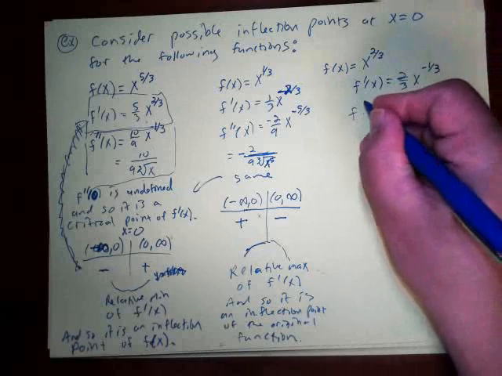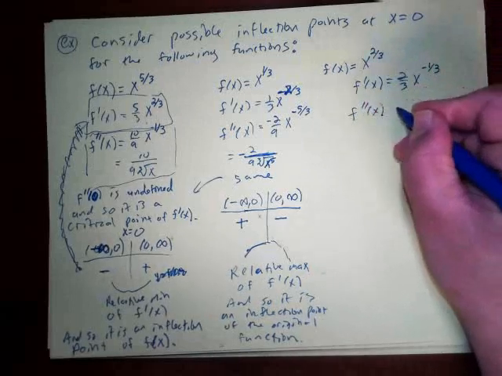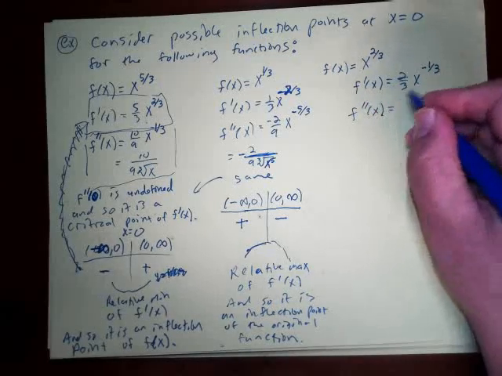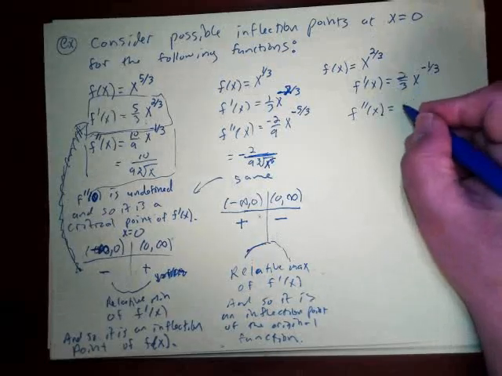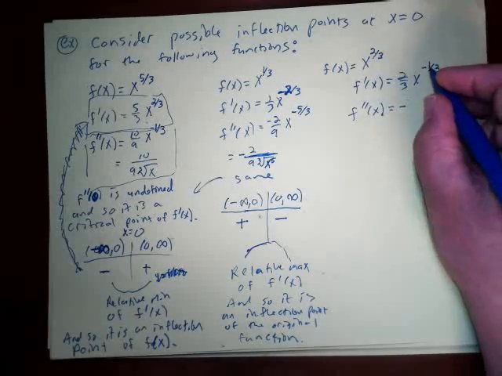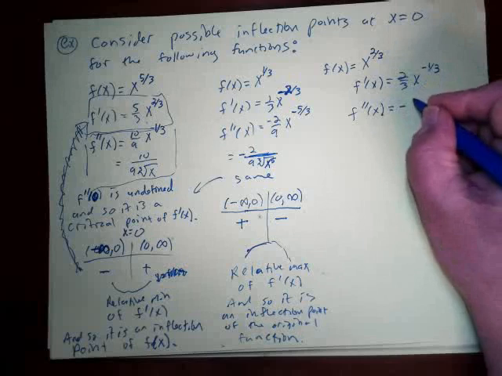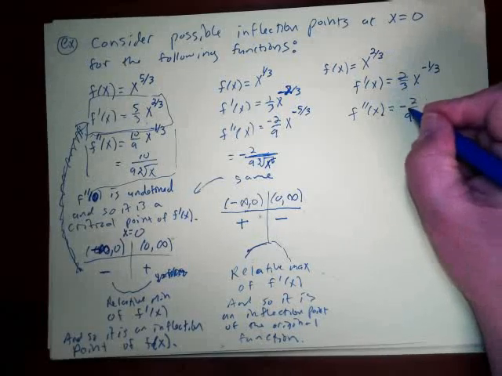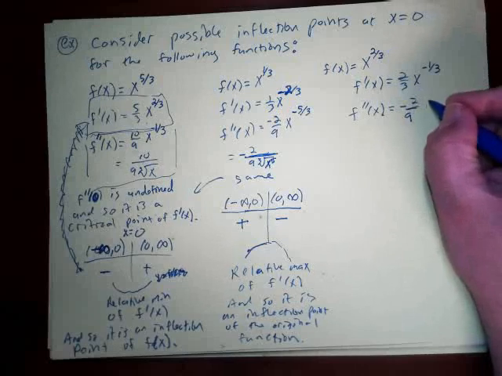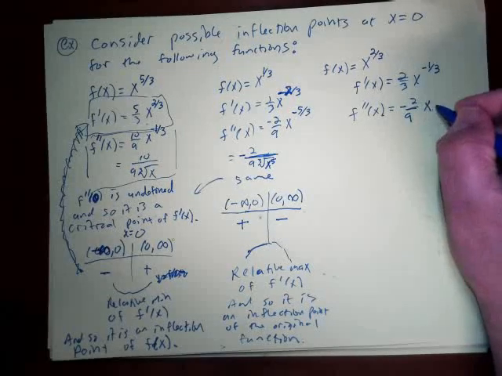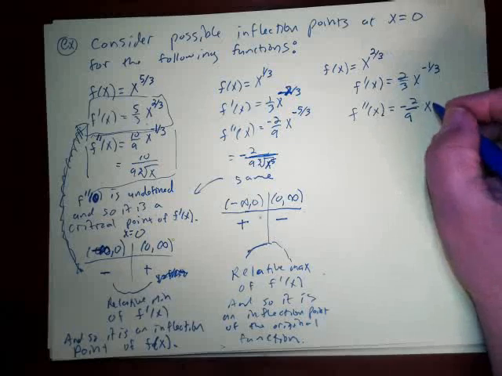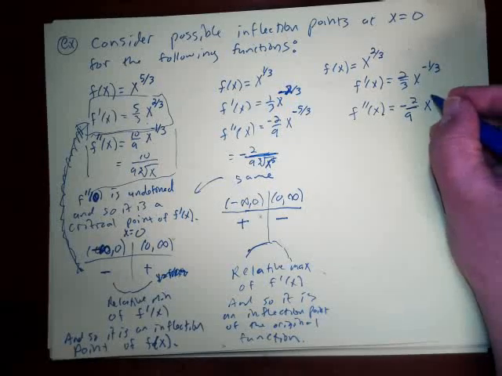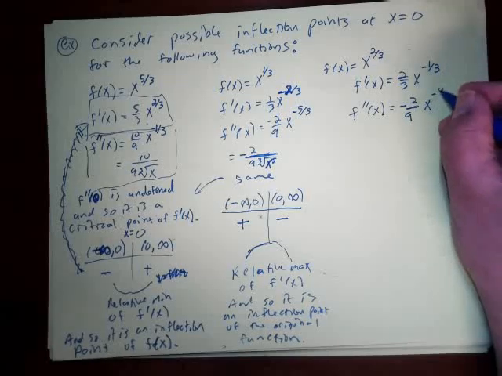And now I'm going to take the second derivative, and I'm going to get negative 2/9 times x to the negative 4/3.